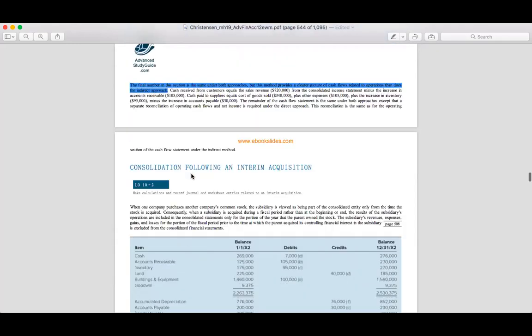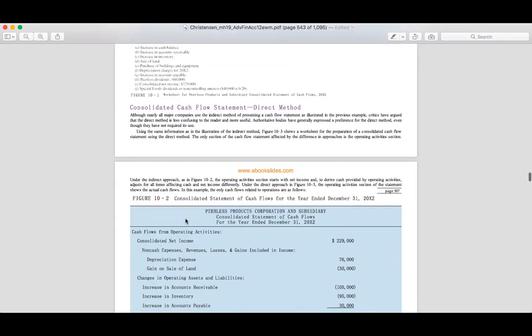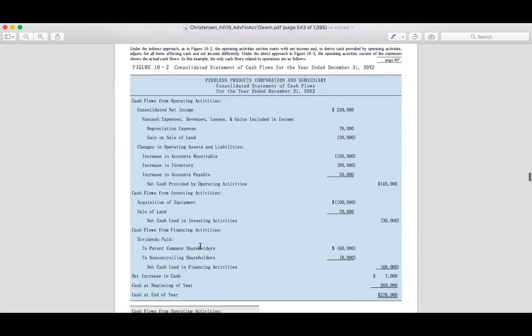Compare that with what we have in the indirect method. The indirect method starts by stating the net income, right, so the consolidated net income, and after that derives cash provided by operating activities. After that there is an adjustment related to the items that affect cash and net income differently.